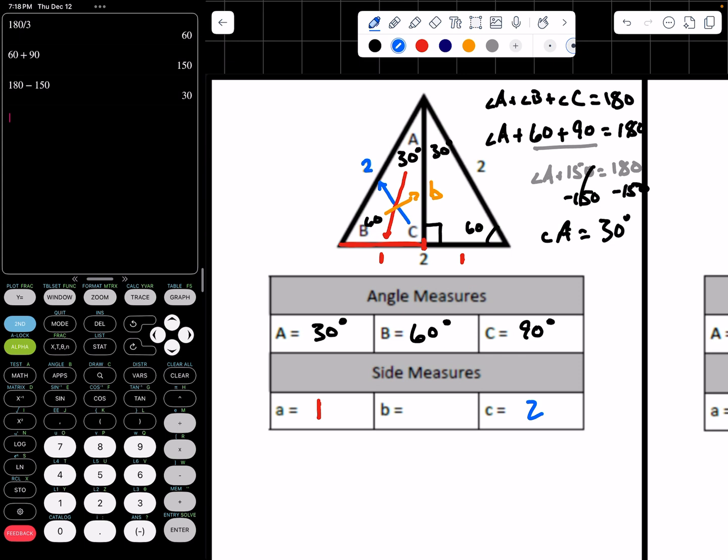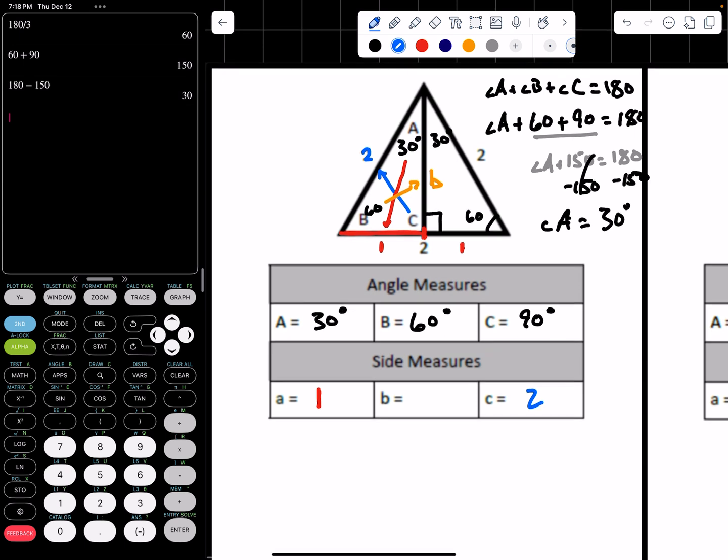So let's take this information. We can use the Pythagorean theorem to help us with this. We've got side A, which is 1, we'll square it, plus b squared equals c squared, which is 2 squared.